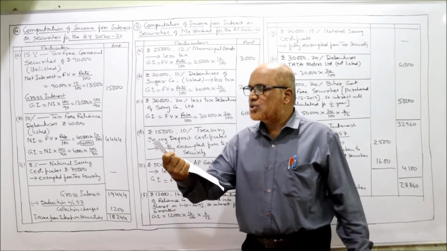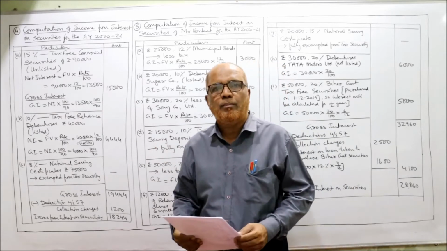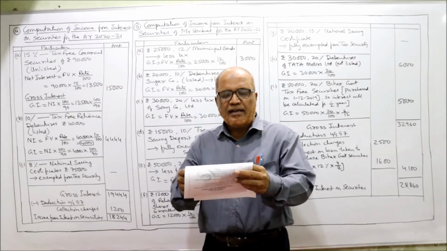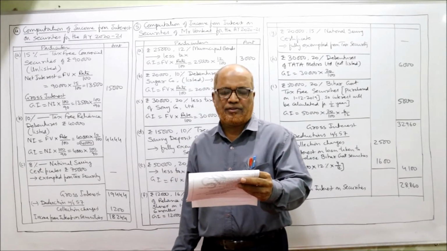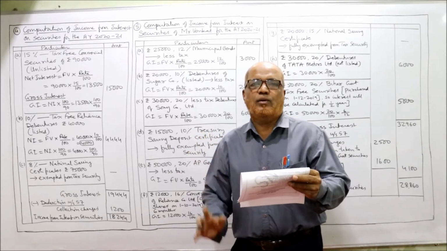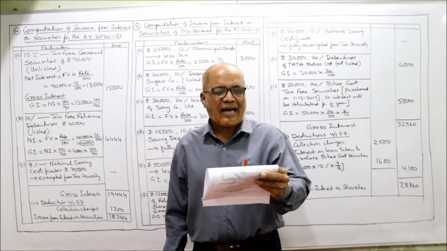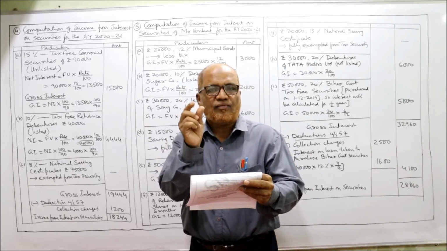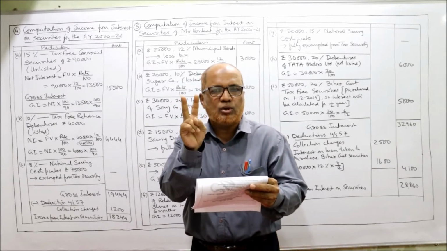So now I am going to start the next problem, that is problem number 4. Calculate interest from the following securities. So only we have to find out income from interest on securities. 15% tax-free commercial security 90,000. When it is given tax-free commercial security, 2 steps.